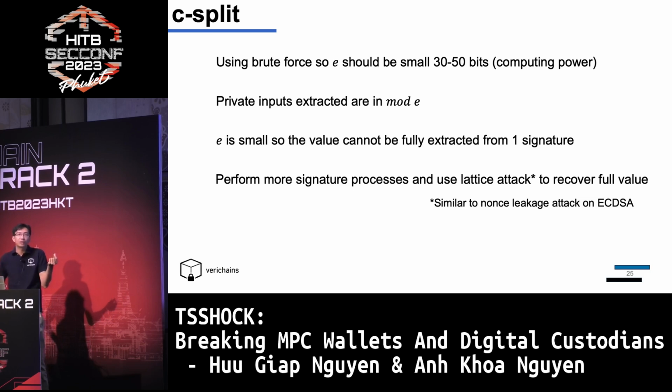But the extracted value is in mod E. And because E is so small, just 30 bits, 50 bits, and X is actually really big, you have to collect multiple signature values, a lot of them, and then you can combine them to recover the full private value. So this is kind of similar to the non-leakage attack on ECDSA where we use a lattice attack.